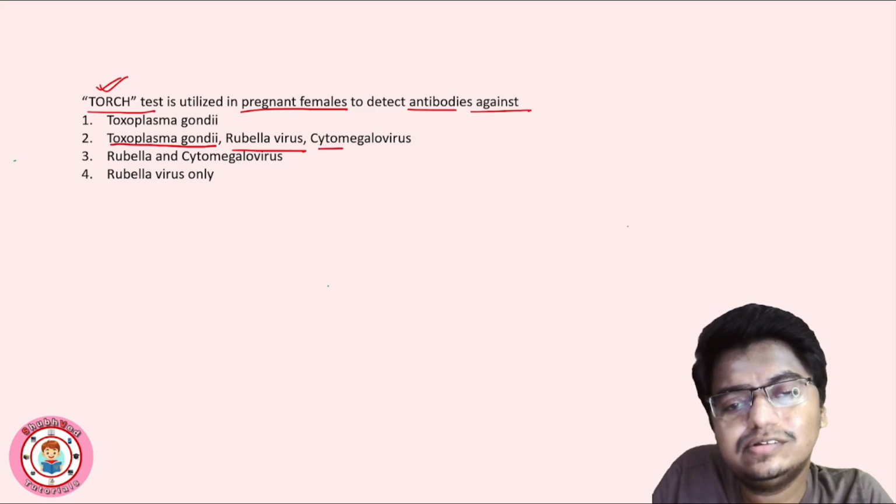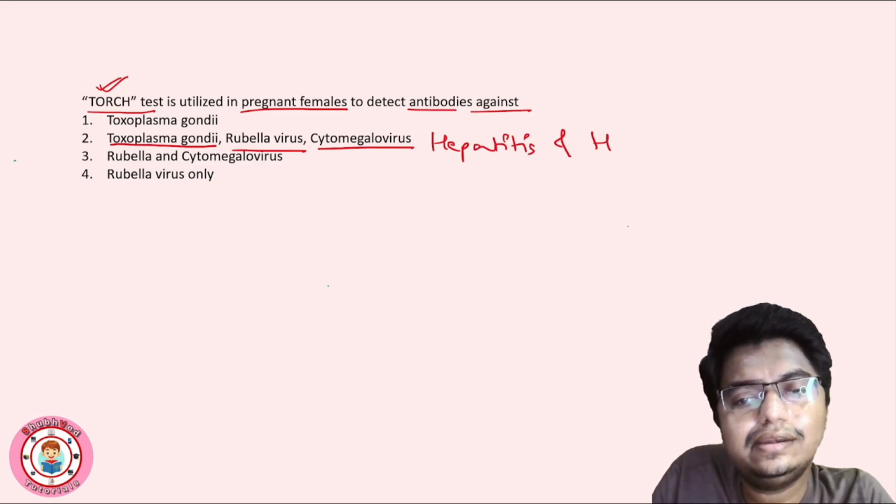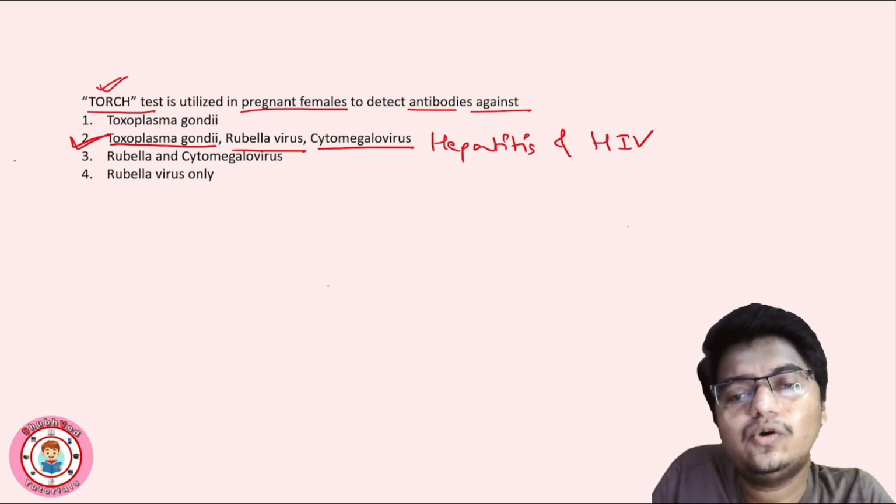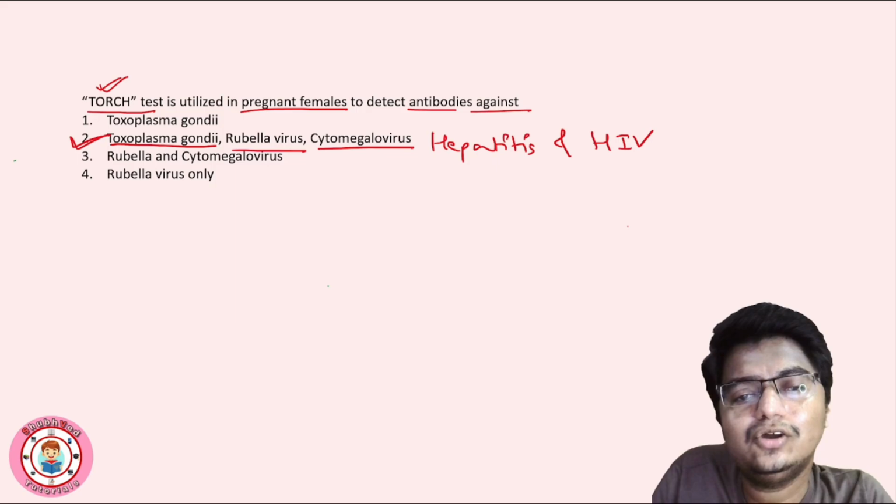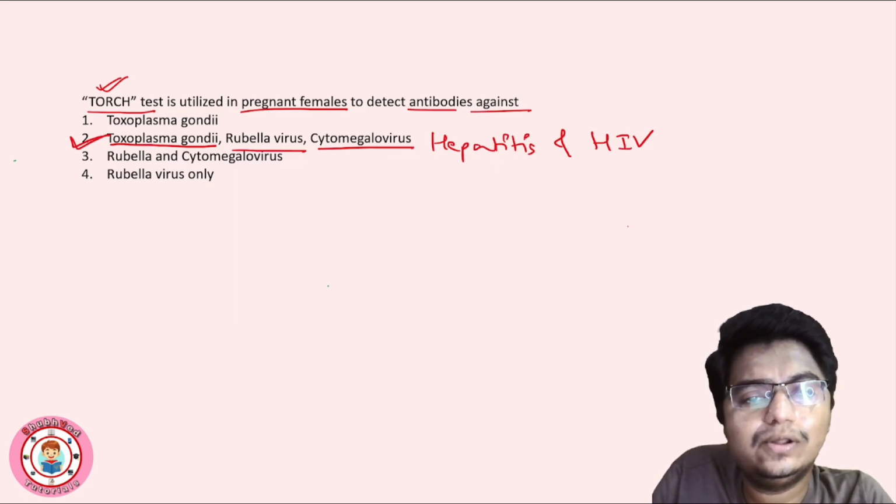C stands for cytomegalovirus. H stands for hepatitis and HIV. Okay, so option number 2 is correct. Right, TORCH test. You have to remember this. Toxoplasma gondii, rubella virus, cytomegalovirus.